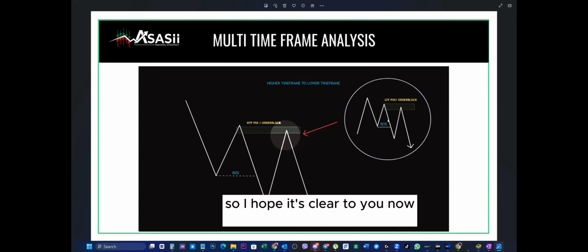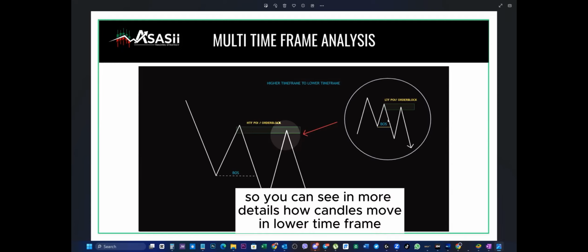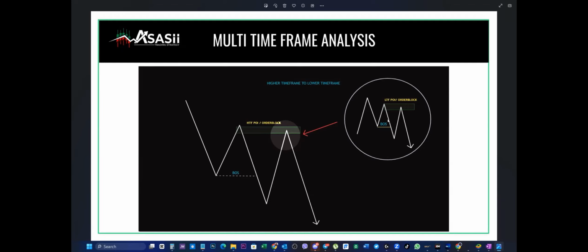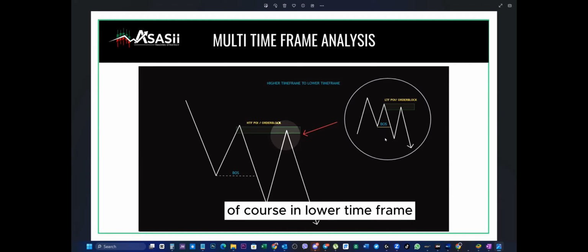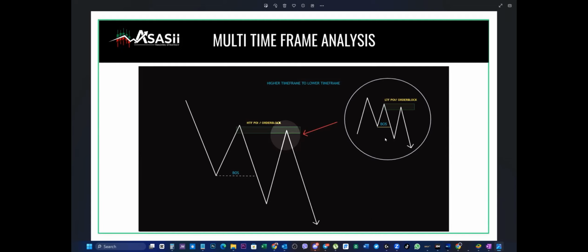Mas nagiging detalye ang isang lower time frame pagka tinitignan mo, nakikita mo kung paano gumagalaw yung mga candles na yun in 15 minutes. But for example, if you are looking at a bullish trend, of course, in lower time frame, it will still be a bullish trend but with more details.